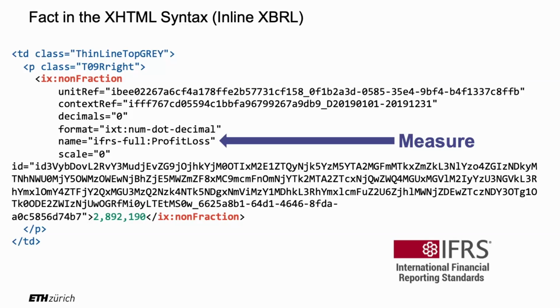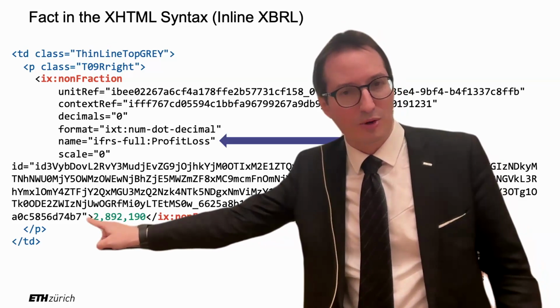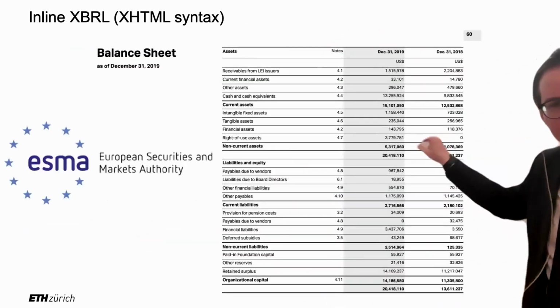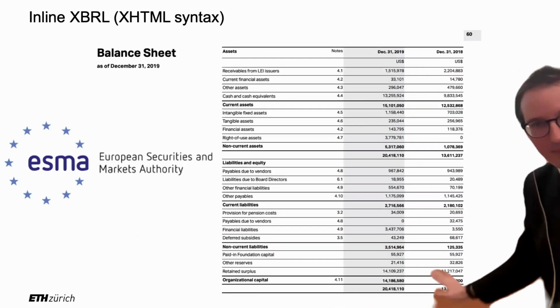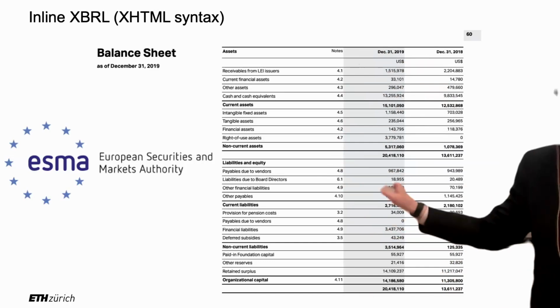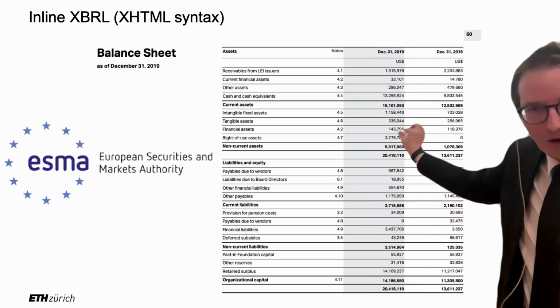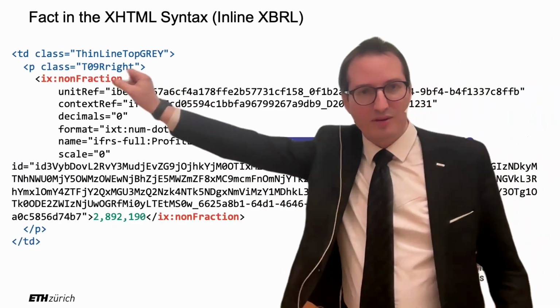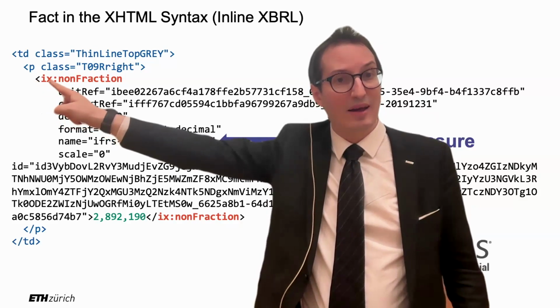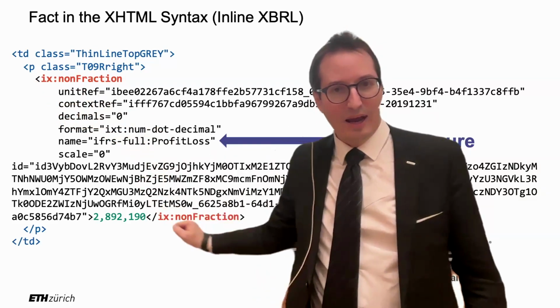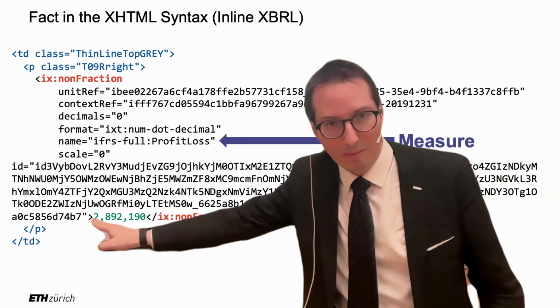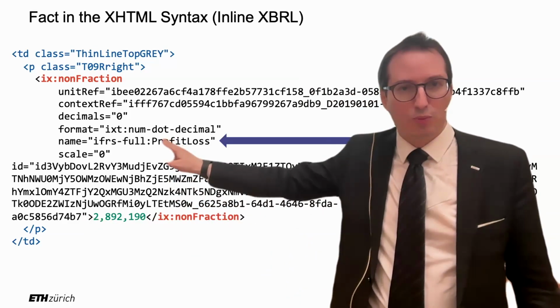But inside that HTML, you also add tags that basically tell you in a machine-readable way what the numbers are about. So for example, one of the numbers that appear here, this is HTML. This is an HTML table, but with CSS, it looks beautiful. Every number here is within a tag that is an XBRL tag, inline XBRL, in fact, and that basically says that this number corresponds to profit loss.